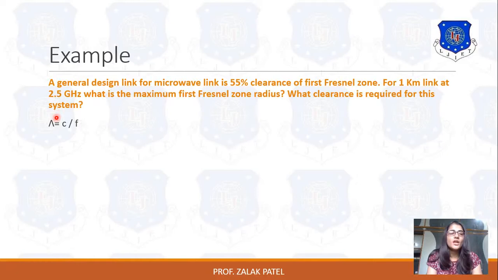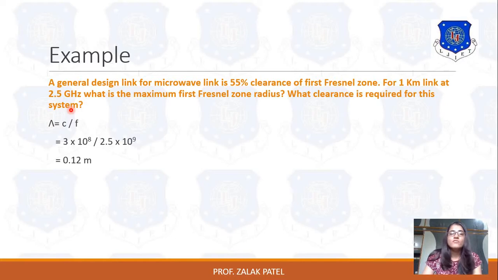C is 3 into 10 raised to 8 meters per second, the free space speed, and F is the frequency, given as 2.5 gigahertz, which is 2.5 into 10 raised to 9. So it gives us a wavelength of 0.12 meter.